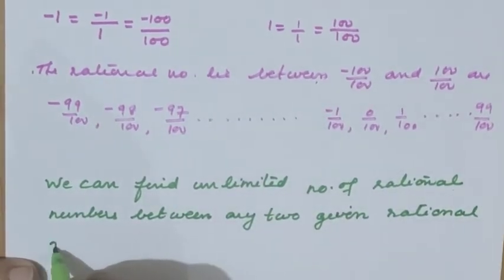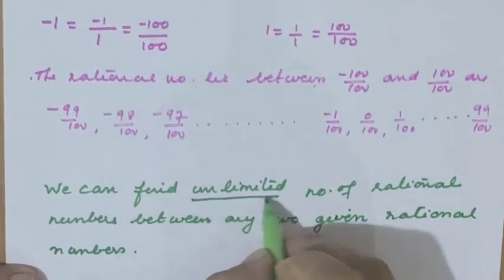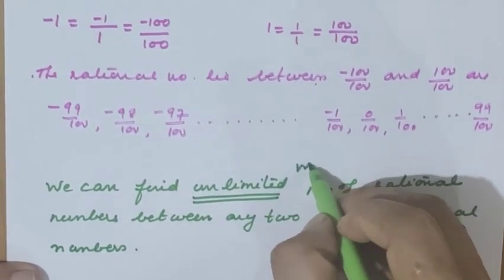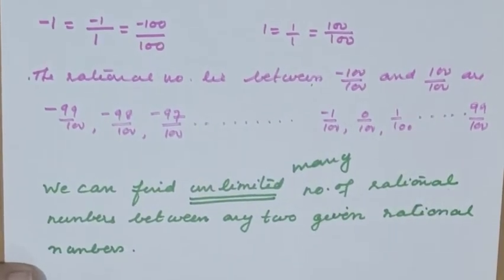Between any two given rational numbers we can find unlimited, that means many. Let us see further examples, so you can understand more clearly.